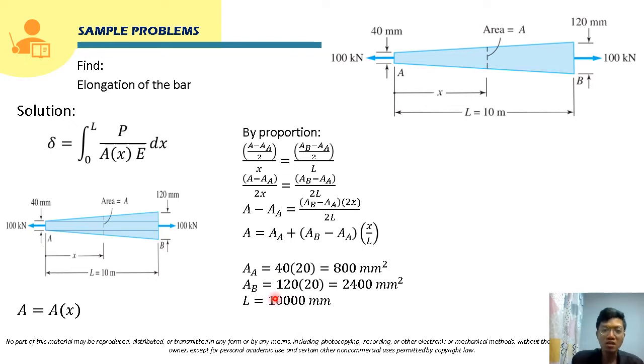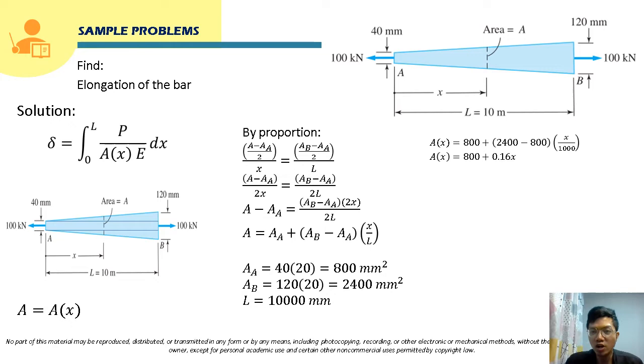Substituting these values, this will become A_A is 800 plus A_B is 2,400 minus A_A, which is 800, times x over L, which is 10,000. This is a typo error, so this is 10,000.